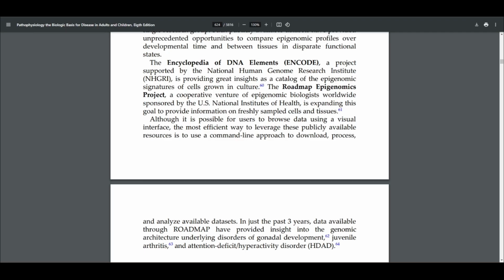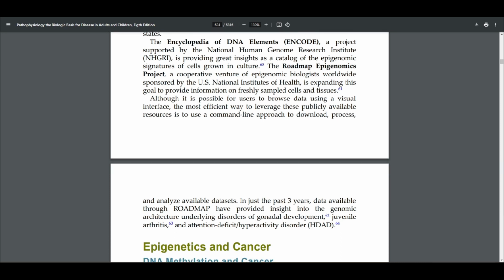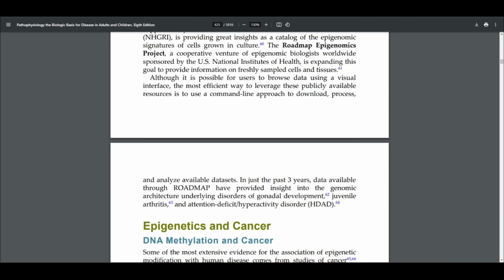The Encyclopedia of DNA Elements, a project supported by the National Human Genome Research Institute, is providing great insight as a catalog of the epigenetic signatures of cell growth and culture. The Roadmap Epigenomics project, a cooperative venture of epigenomic biologists worldwide, sponsored by the U.S. National Institutes of Health, is expanding this goal to provide information on freshly sampled cells and tissues.